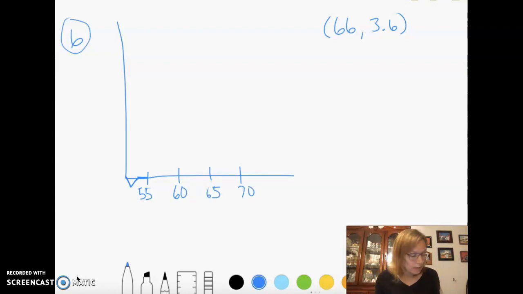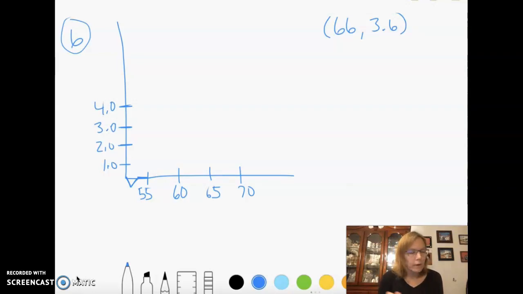All right, and then on this side, I'm also not starting at 0. Well, I think I will start at 0 on this side because GPA only goes up to 4.0. 1, 2, 3, 4. Okay, so this would be 1.0, 2.0, 3.0, and 4.0.